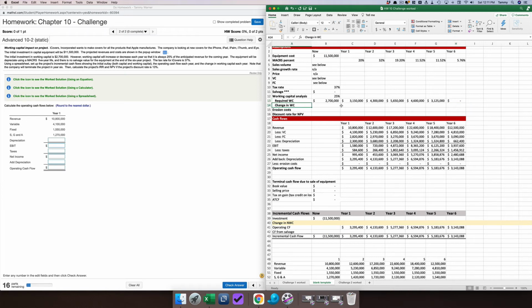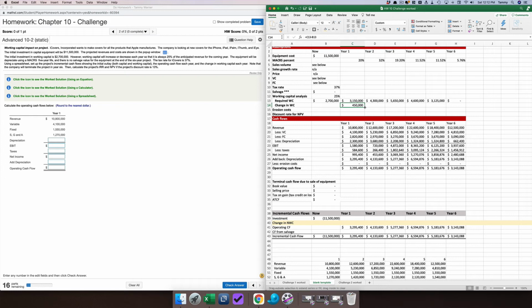So let's just start with year 1. Because we know that the change in working capital in the first year, at the beginning of time, obviously was 2.7 million. In year one, we needed $450 more in working capital than what we started with, right?